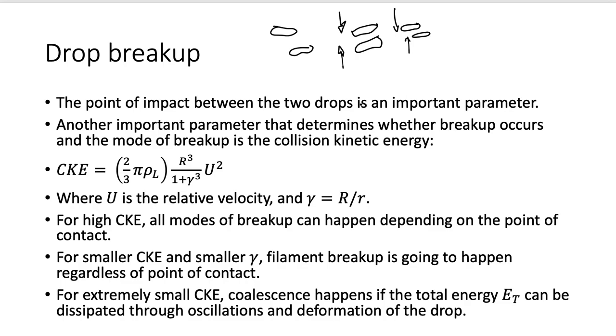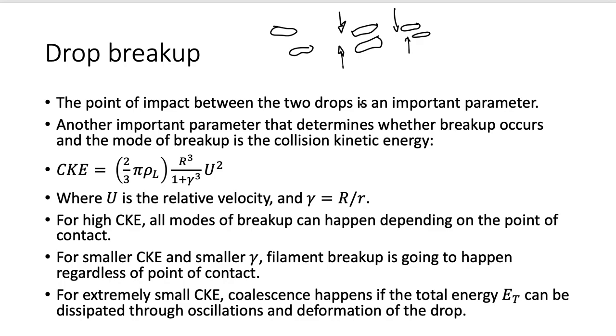Another important parameter is the kinetic energy that is involved in the collision, if you will. Okay, this is another important quantity. In particular, you can derive this formula, but it's not important to do it now.